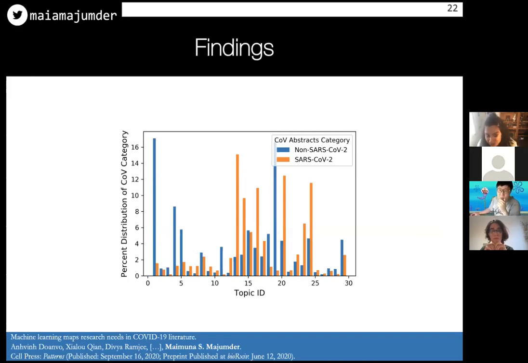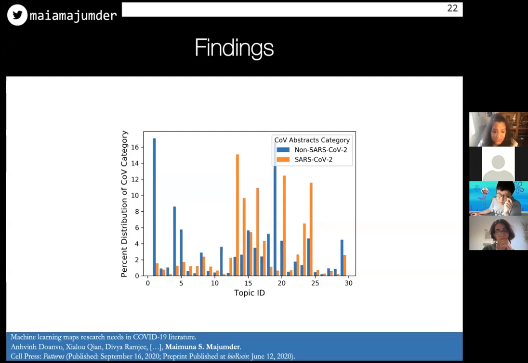Digging deeper still, topic modeling via LDA also suggests stark differences in the topics covered by COVID-19 or SARS-CoV-2 related abstracts when compared against abstracts pertaining to other coronaviruses. 30 topics emerged, as shown above, and 5 of these, topic 14, outbreaks impact on healthcare services, topic 15, testing for coronaviruses, topic 17, epidemic cases and modeling, topic 21, clinical care and therapeutics, and topic 25, lessons learned for epidemic preparedness, accounted for 58% of all COVID-19 abstracts and just 17% of MERS and SARS abstracts.